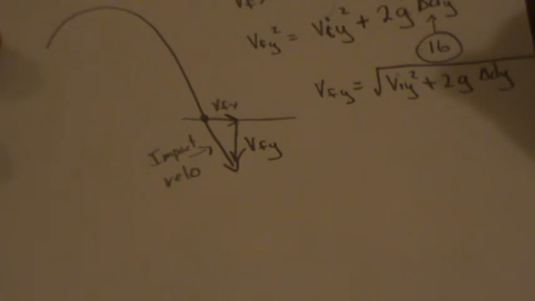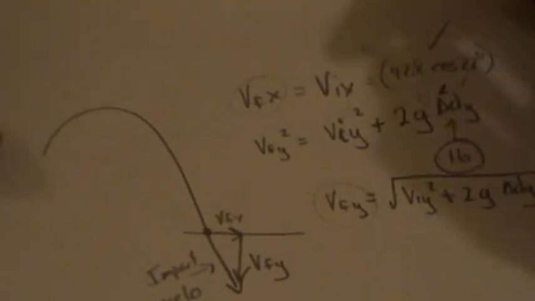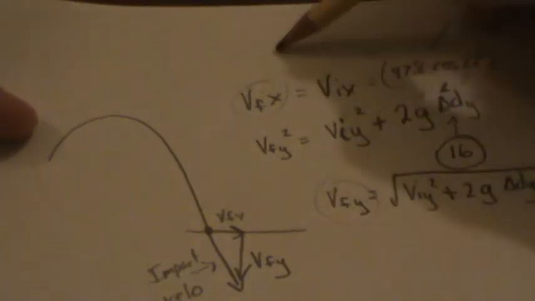Once I know that final velocity in the y direction, I can take this variable and this variable up here, these two variables, and then I actually just put them back together again.